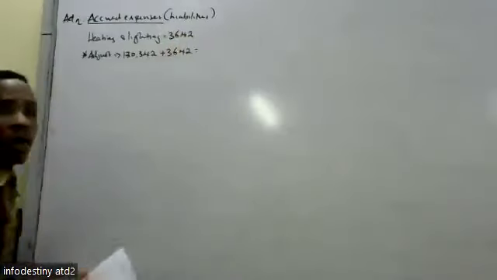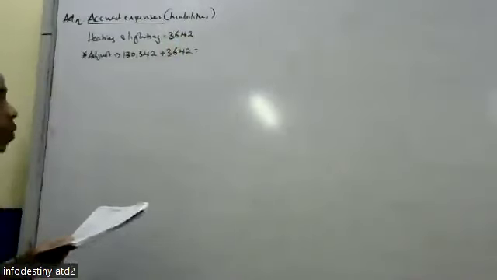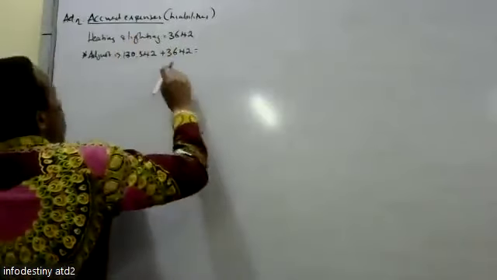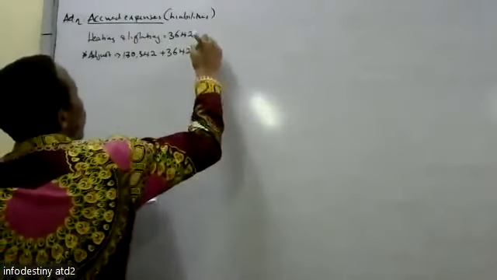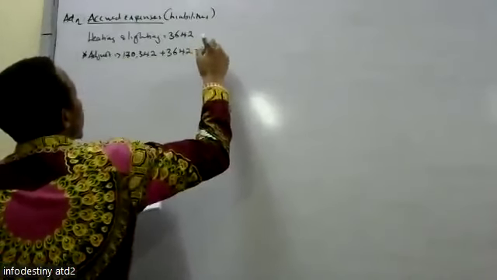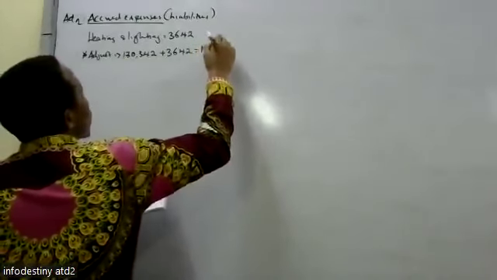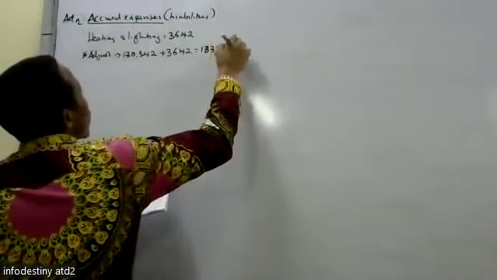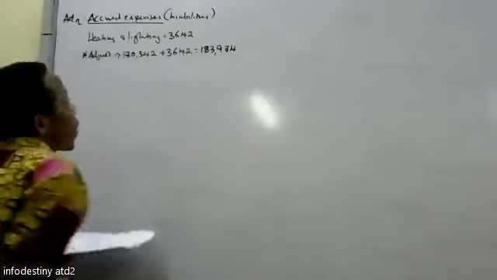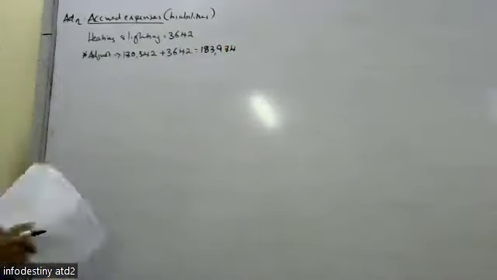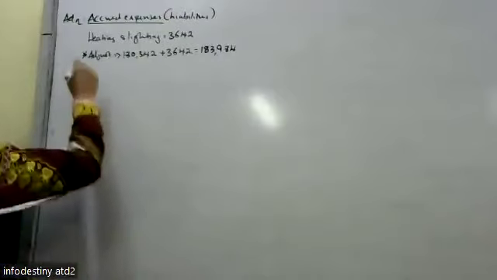We add accruals at the end of the year. This will give us an amount of 183,984.